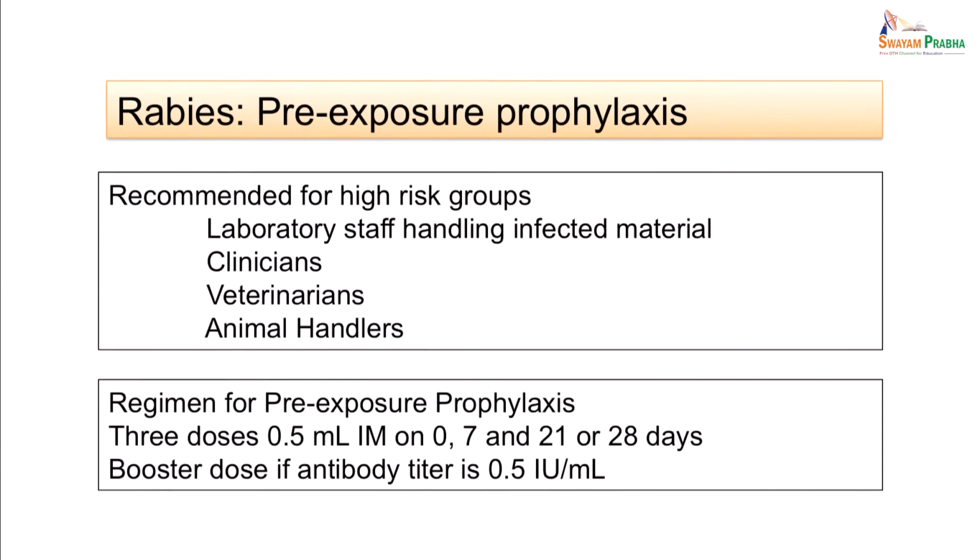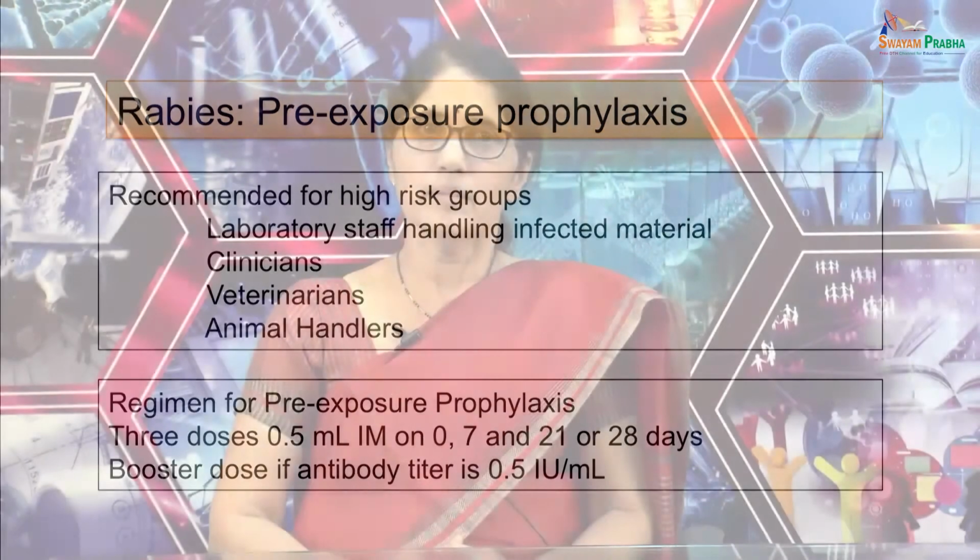The regimen for pre-exposure prophylaxis includes 3 doses of 0.5 ml of vaccine administered intramuscularly on days 0, 7 and 21 or 28. The booster dose is given after 6 months if the antibody level after 6 months is less than 0.5 international units per ml.